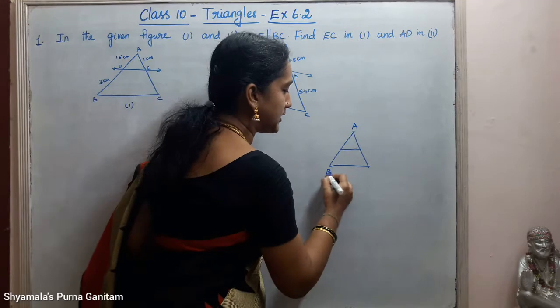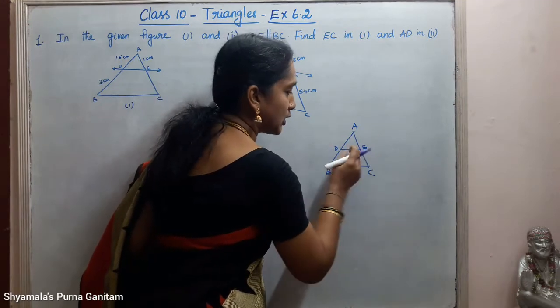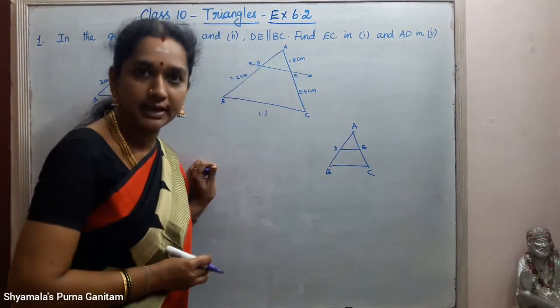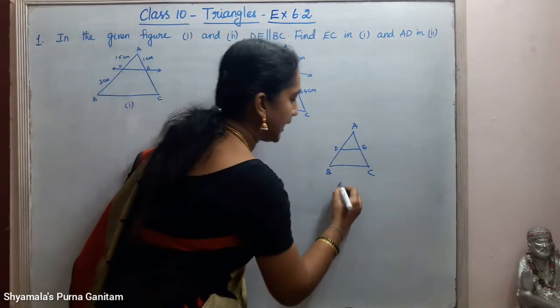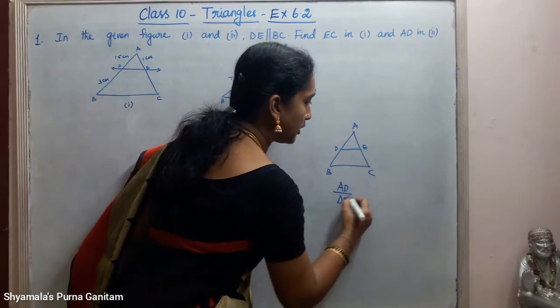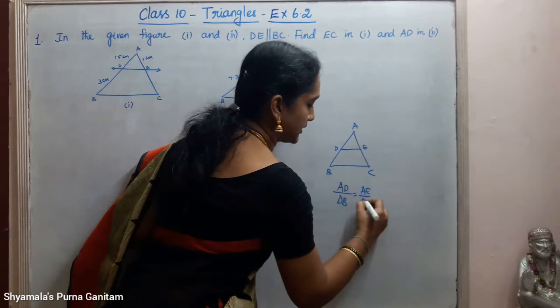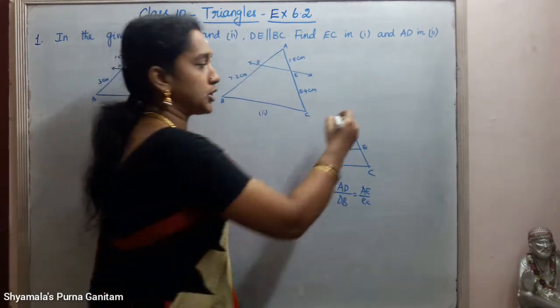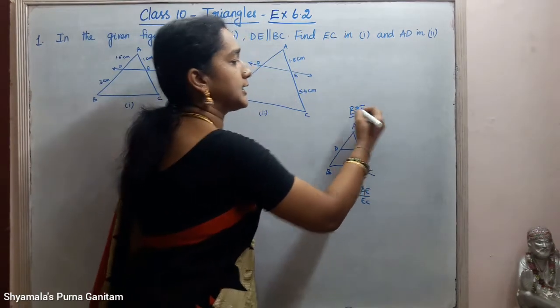So, triangle ABC with points D and E: if DE is drawn parallel to BC, then AD by DB is equal to AE by EC. This is the basic proportionality theorem. In short, we will call it BPT.